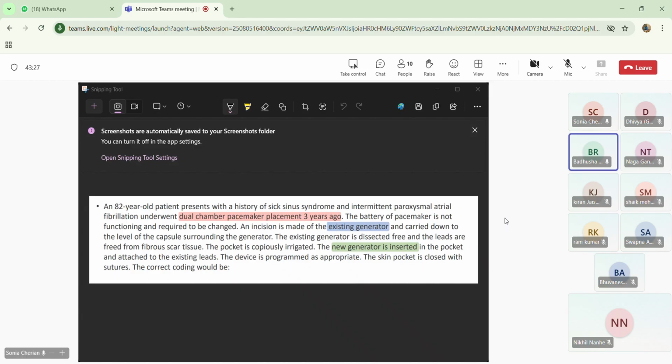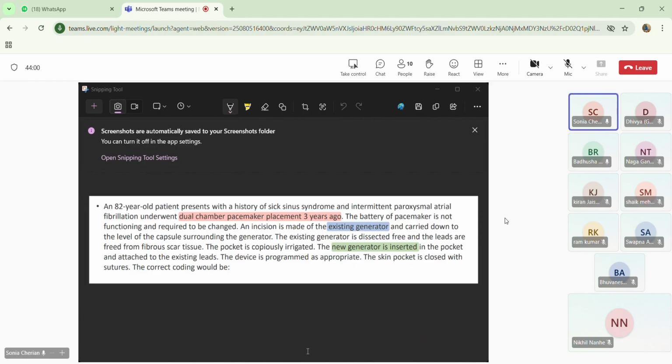Now they're going to remove the existing generator. That's all. No, tell me, they inserted a new generator in the pocket and they closed it.